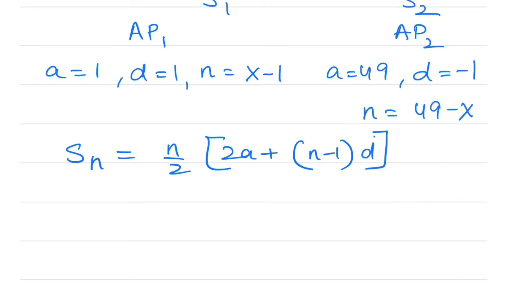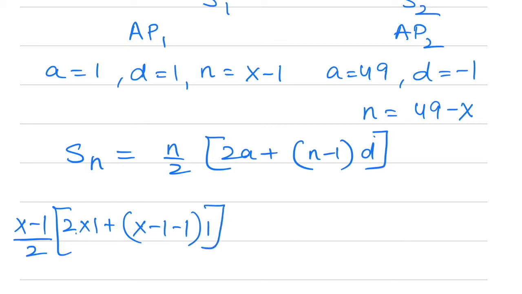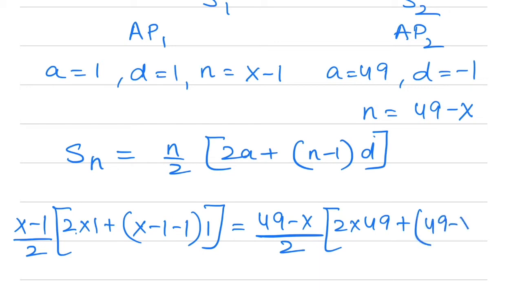So here we have N as X minus 1 by 2 and 2 into 1 plus N minus 1. So N is X minus 1 minus 1, D is 1. This is equal to N here is 49 minus X divided by 2 and 2 into 49 plus N is 49 minus X minus 1 into minus 1.